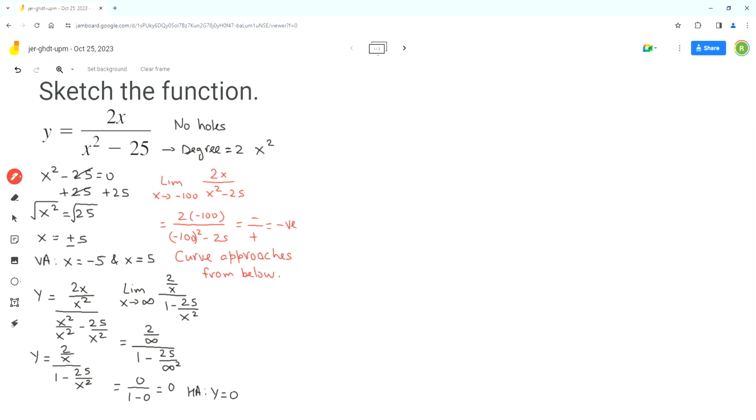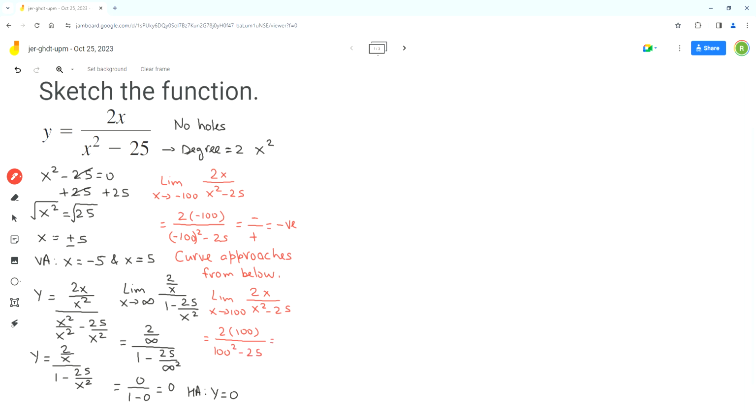Now we can evaluate the limit on the right side. So the limit as x approaches positive 100 of the given expression, 2x over x squared minus 25. Now we can apply the limit. So we get 2 times 100 over 100 squared minus 25.